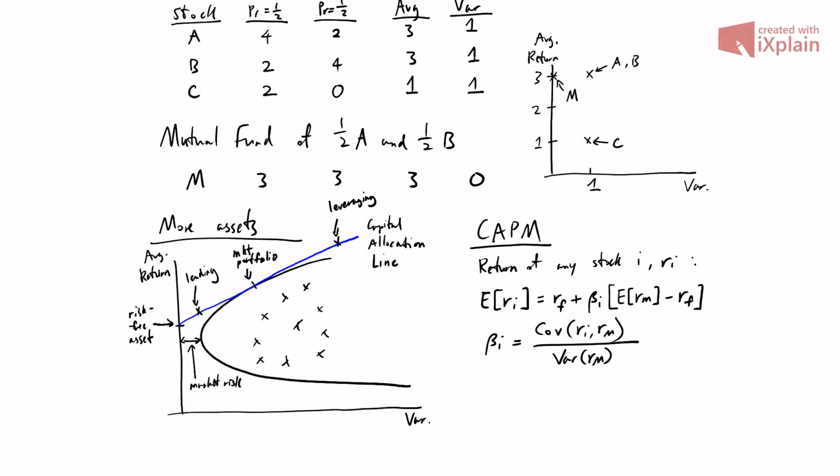So stocks that no one wants to buy simply disappear from the market. Every stock earns a return that equals the risk-free rate plus beta times the market return minus the risk-free rate. This is called the excess return over the risk-free rate.